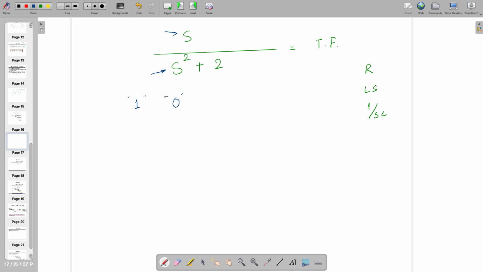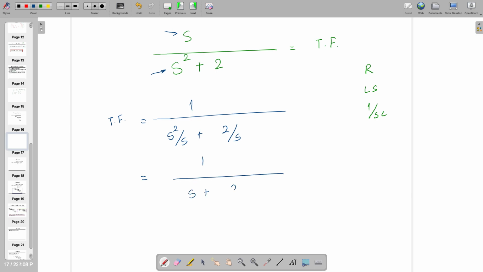This is the easy example we have started with, that's why it's easy to reformulate. And as you have suggested, we can divide this by S, which is going to give me this. And if this is the transfer function, you can call this one as, now what? Now what?